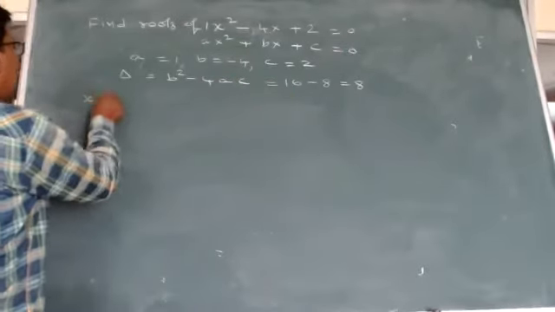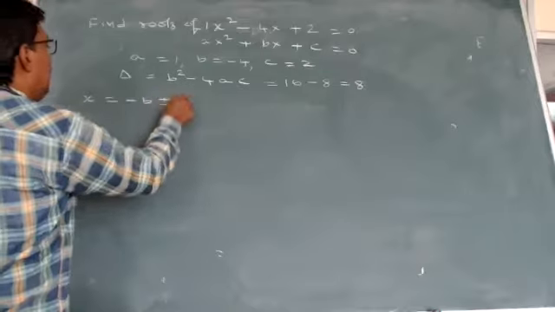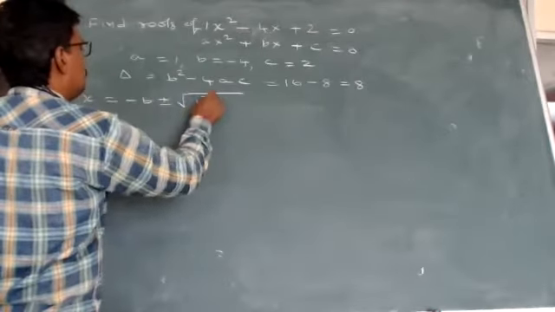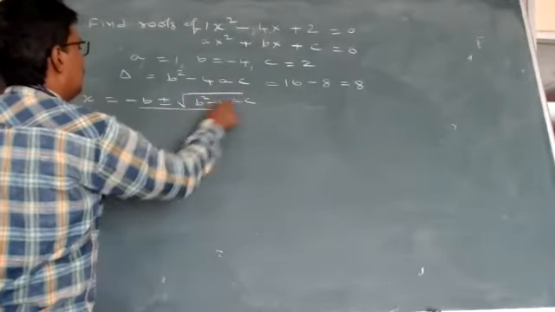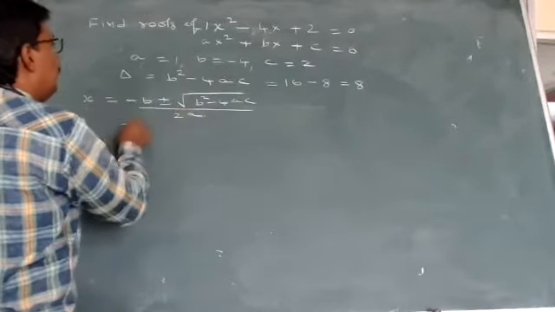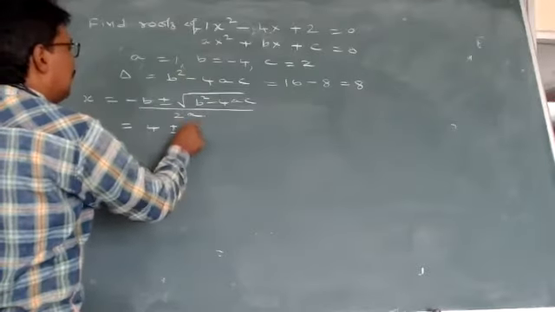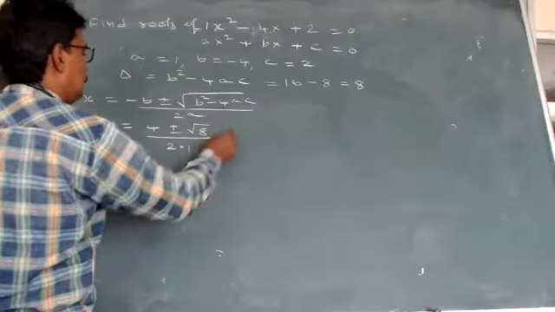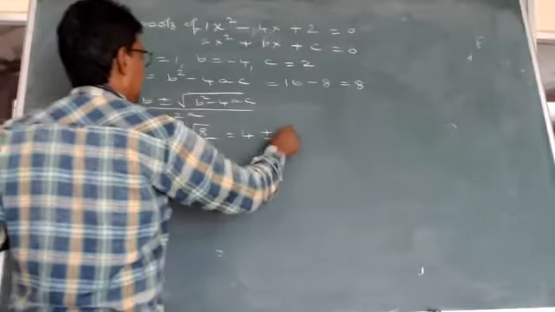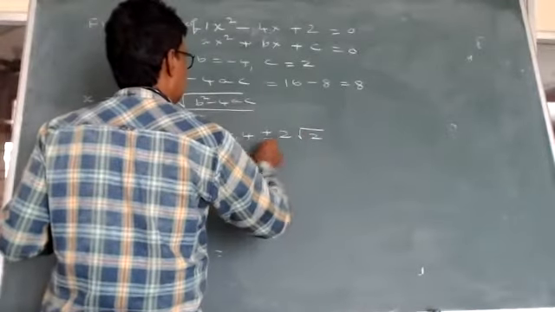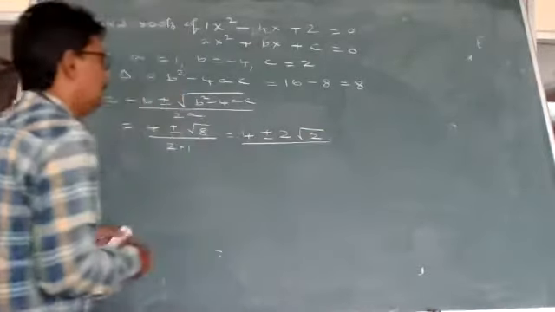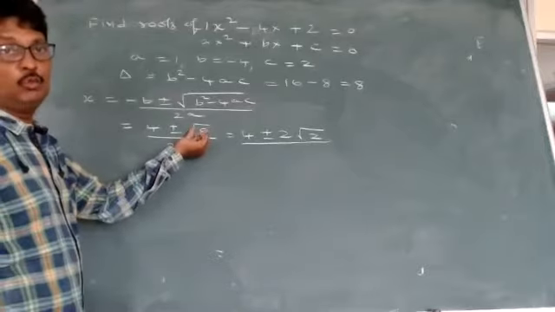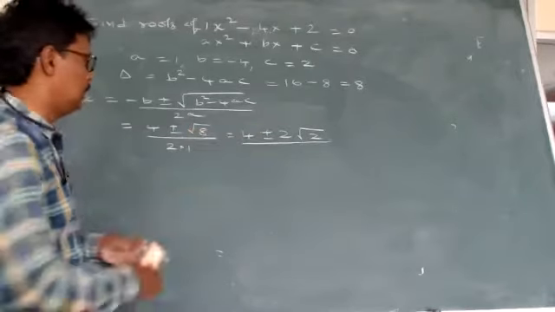Now x is equal to minus b plus or minus root of b square minus 4ac by 2a, that is 4 plus or minus root 8 by 2 into 1, that is 2. 4 plus or minus, we can write root 8 as root of 4 into 2.